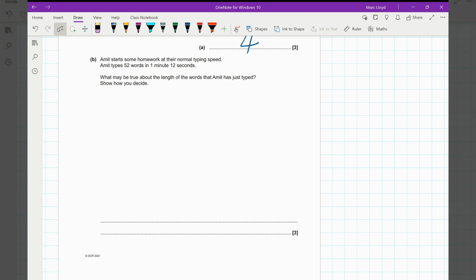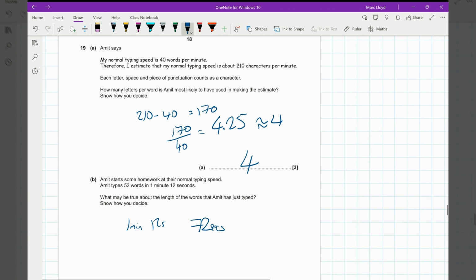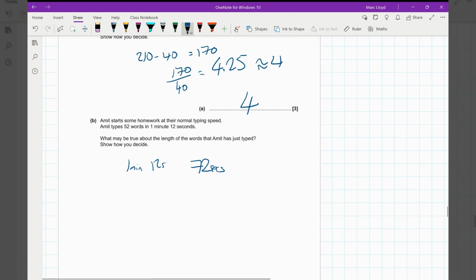Okay, so first of all, 1 minute and 12 seconds is 72 seconds. Then, looking at the above, 40 words per minute, 40 words for every minute, and then we times that by 72.